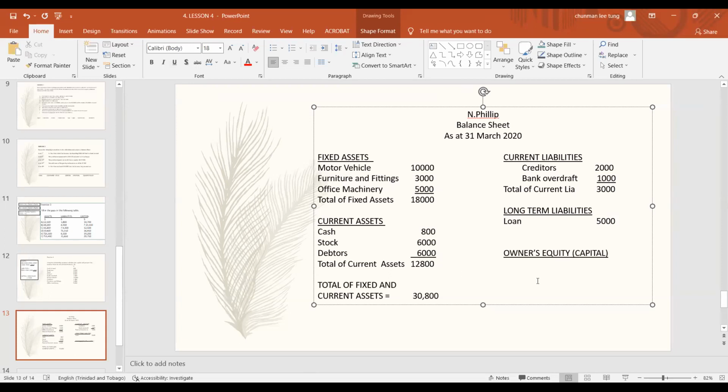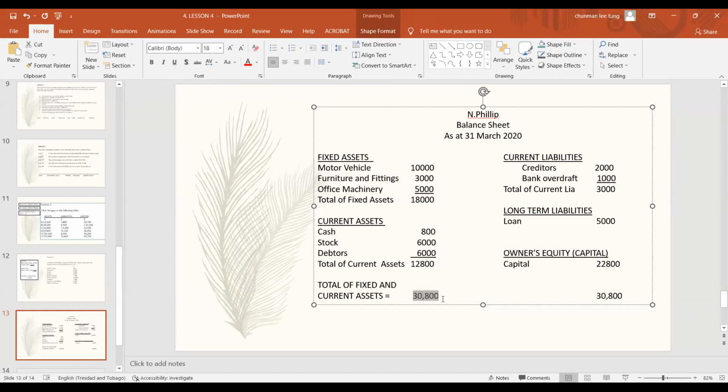So capital, $22,800. When you total your 3,000, your 5,000, and your 22,800, you are going to come up to $30,800.